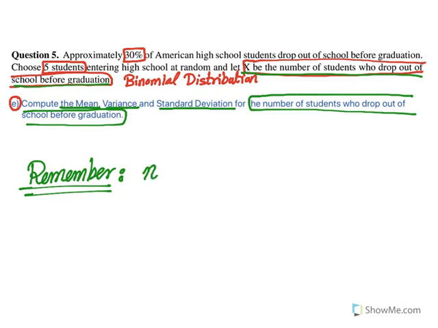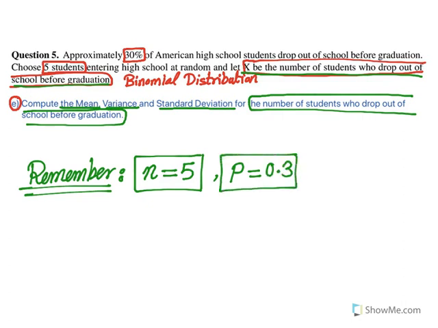The number of trials here, n, is 5 because we have 5 students. The probability of success, p, is 30% or 0.3. The probability of failure, which is q, is 1 minus p, which is 0.7 or 70%.